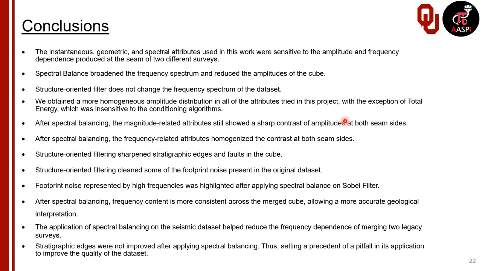The footprint that is in high frequencies can create more noise if we don't clean it before applying spectral balancing. Probably we are in the presence of a pitfall of spectral balance, and we have to be careful with the data that we are using as input, and we have to be careful with the frequencies and study better the frequencies of our data to see what the results are of applying these methods.